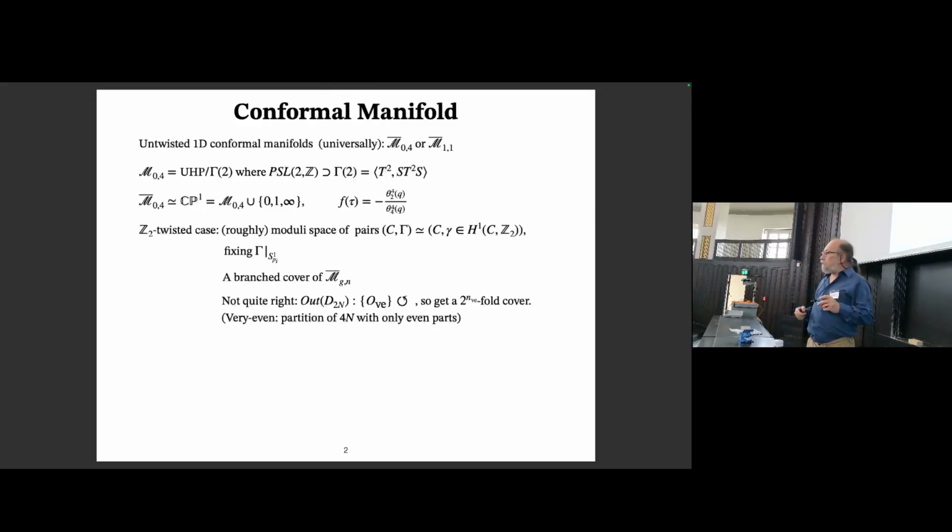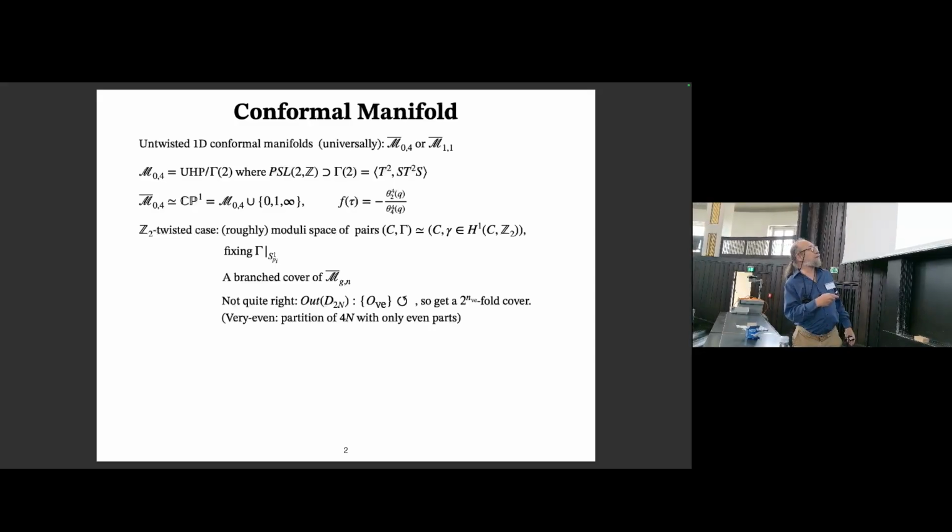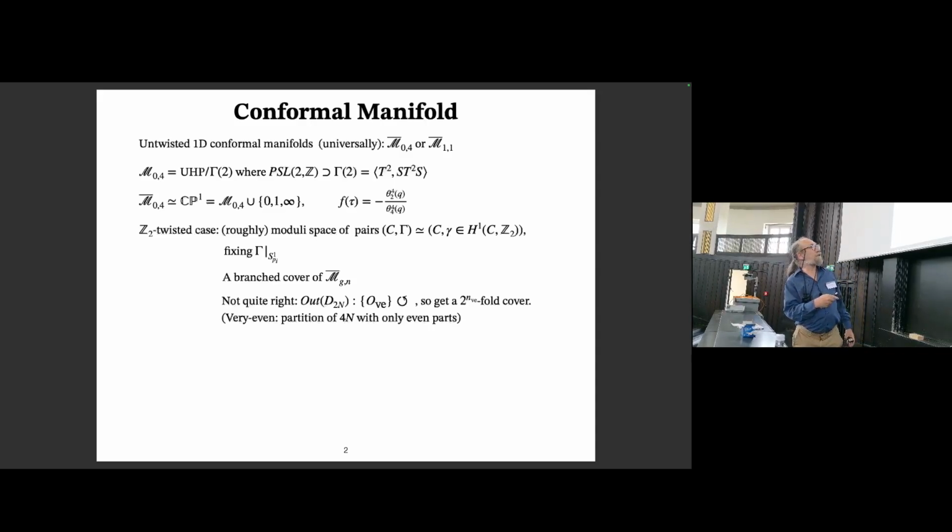That's not quite right for the Dn case because the outer automorphisms of D2n act on the set of nilpotent orbits. As Monica reviewed, the punctures are decorated by a nilpotent orbit of the Lie algebra. And there are a set of orbits in D2n which are very even.